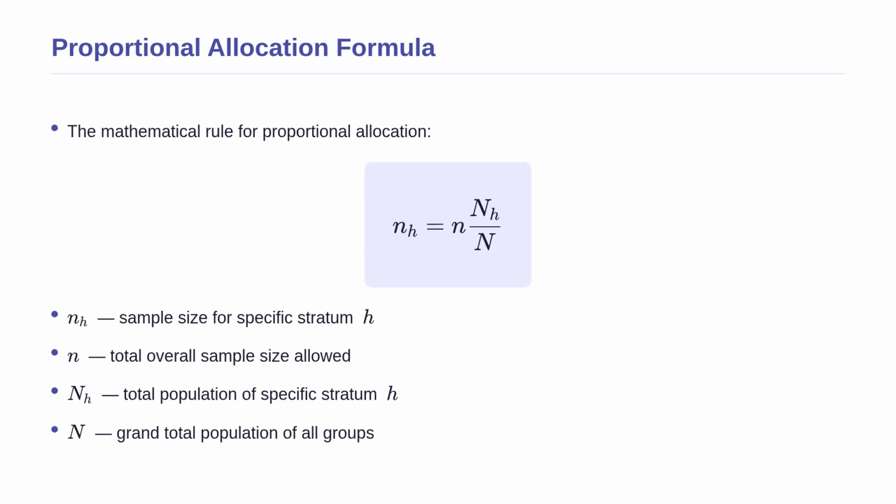Capital N sub h represents the actual total number of people living in that specific group. And capital N is the grand total population of all groups combined. Looking at the math, if the population of a specific group increases, the fraction grows larger. This means we must allocate a larger sample size to that group, perfectly mirroring our intuitive understanding.